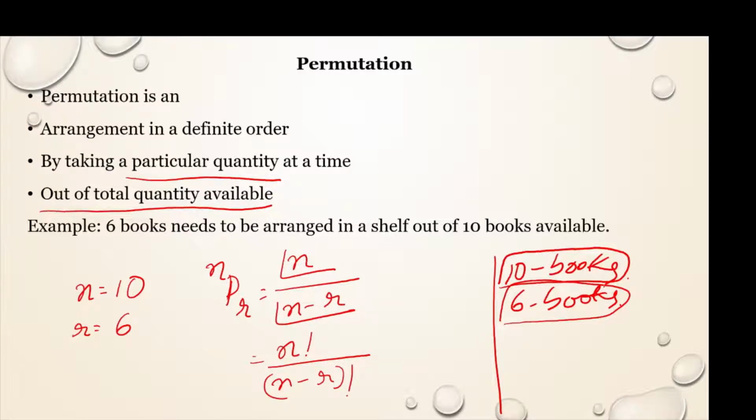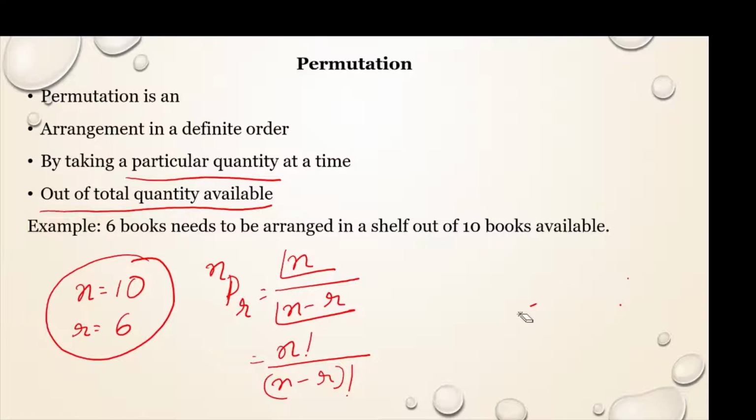Now when we solve this problem, that is n equals 10 and r equals 6, let us see what happens. That means in how many ways we can arrange 6 books out of 10 books. That is 10P6, which is factorial 10 divided by factorial 10 minus 6.